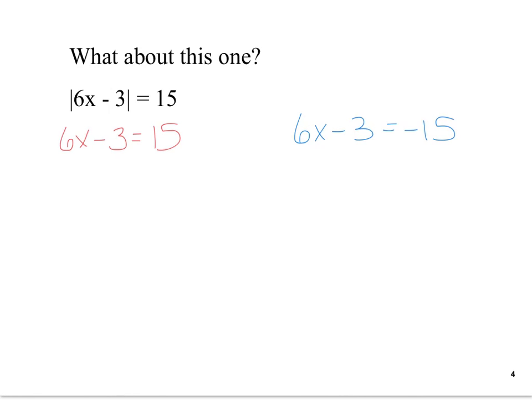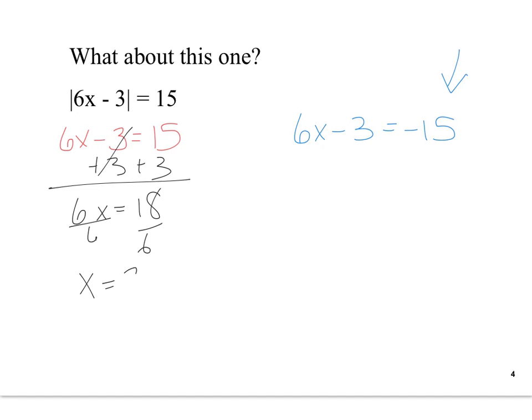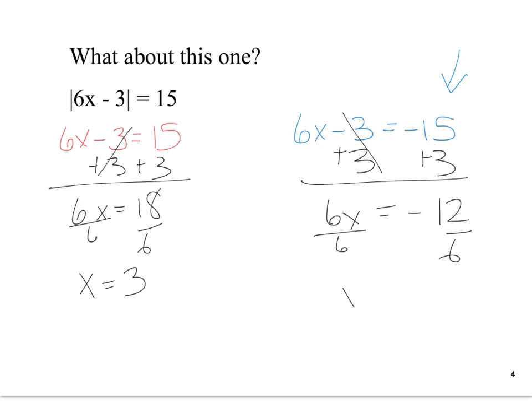Anything that's outside the absolute value gets changed, and we solve. So I add 3. So X could be 3, and 6X equals negative 12. So X is negative 2. So the two possibilities here are 3 and negative 2 to plug in for X.